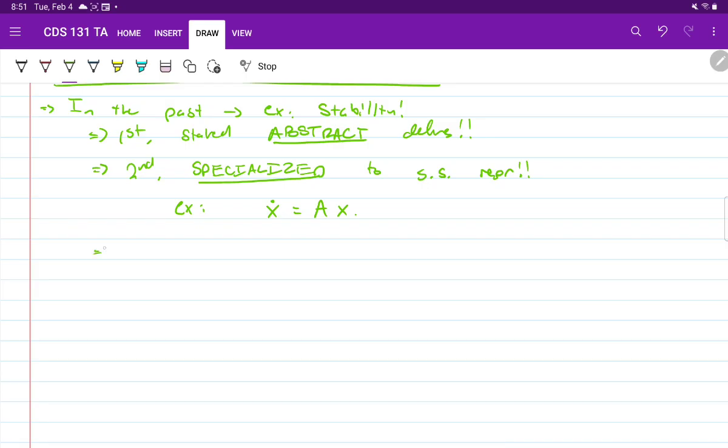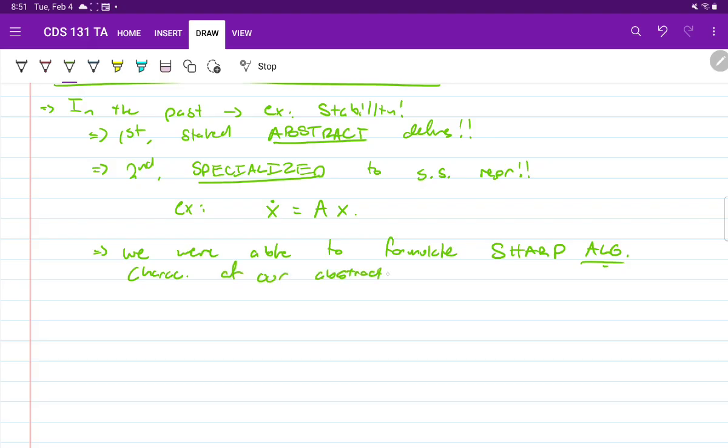Once we did this, we were able to formulate sharp algebraic characterizations of our abstract properties. So in the past, we've followed this pipeline: first start with a very abstract definition, then specialize to one of these concrete state space representations, and once we've done that, derive some very concrete, easy to check algebraic conditions that are both necessary and sufficient to show our abstract property.